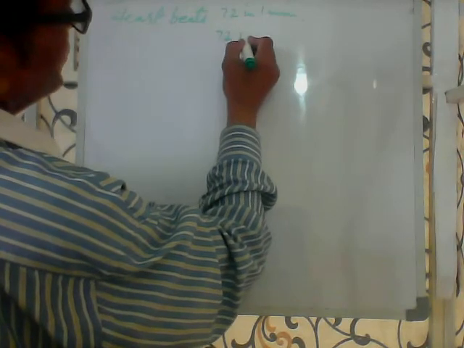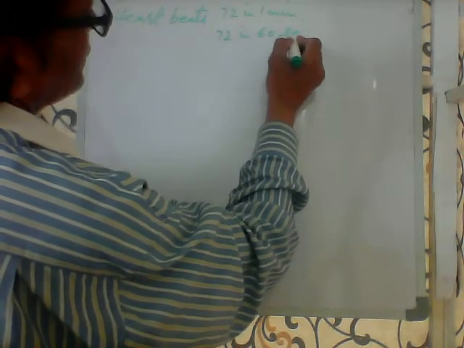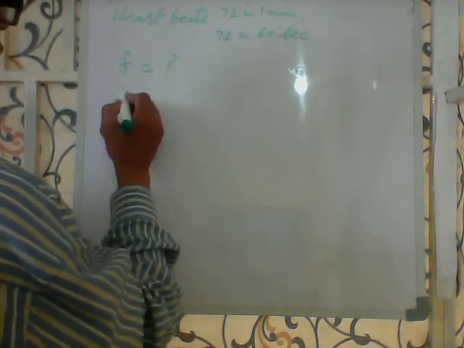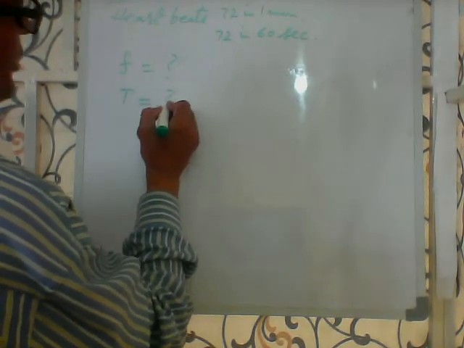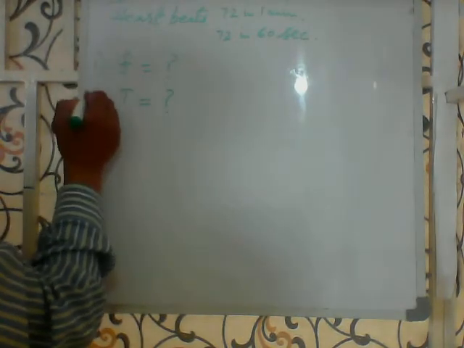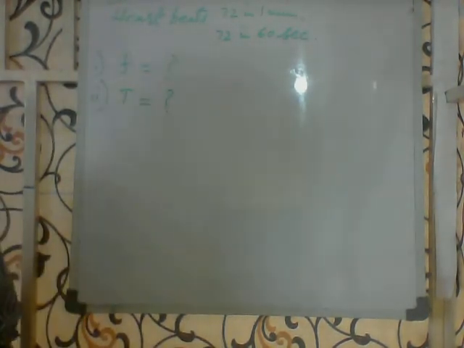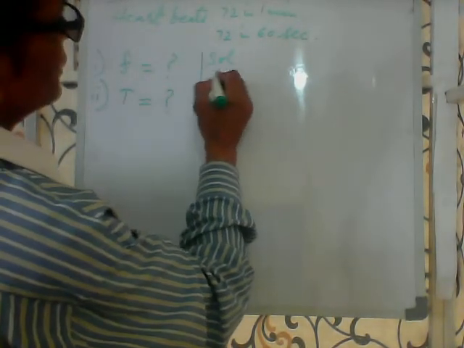This means 72 in 60 seconds. Then calculate its frequency and period. Period means time period. So here we will solve it.